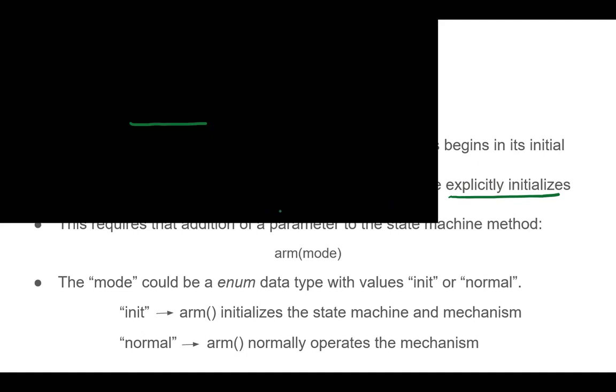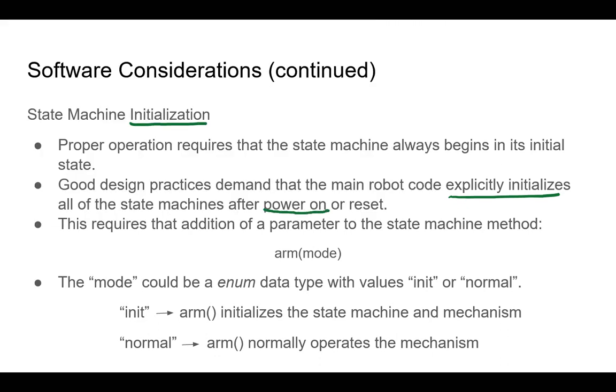Now, obviously, you also need to initialize during power on, making sure all the states are in their proper initial state, but you should also do it at resets or just basically starting teleop again. This requires that we be a little bit more sophisticated. When we call a state machine method, we need to pass a parameter into it.